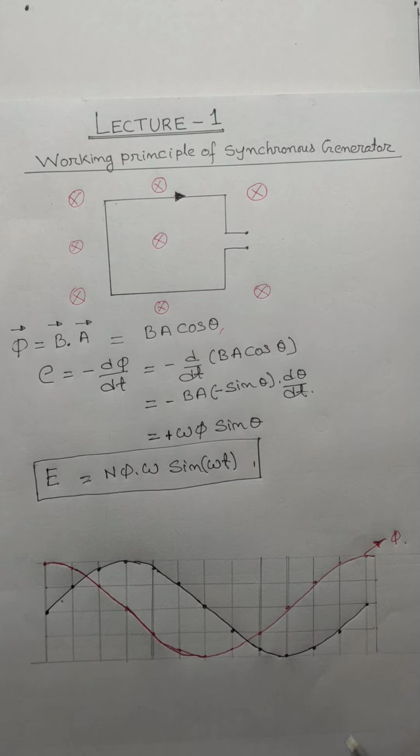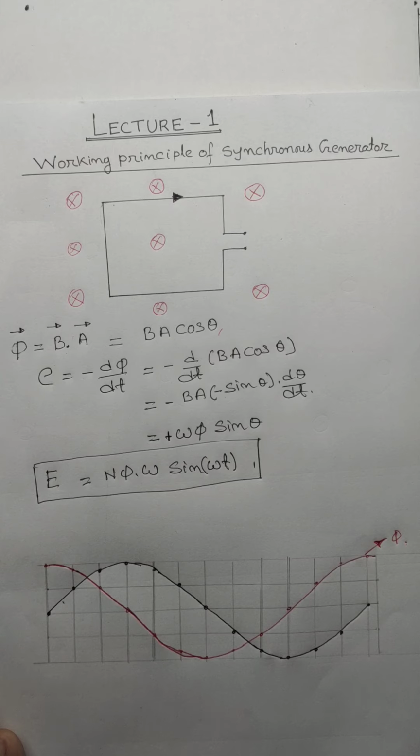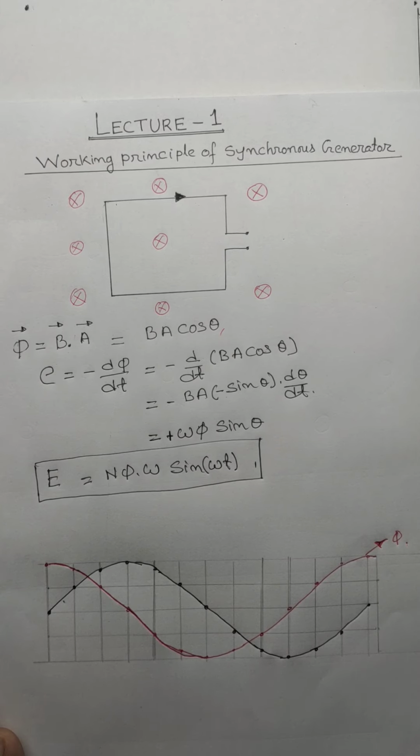It happens in all machines, so whatever we have discussed is not applicable to the synchronous machine only, it is applicable to all machines. What is more important is that you have already studied it in class 12th, so there is nothing new in that; we have only revised what you studied in class 12th.